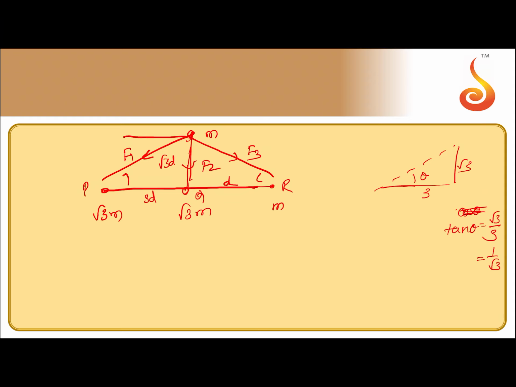So is it 30 degrees? And this is 60 degrees clearly. So F1 cos 30 minus F2 cos 60 is equal to 0.